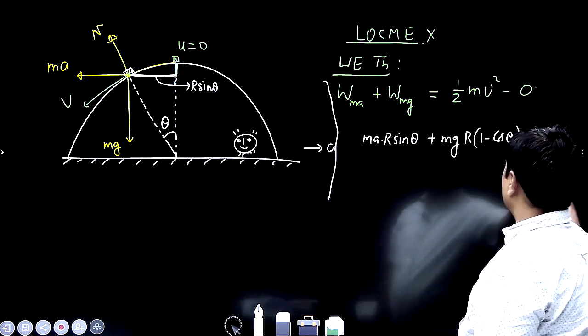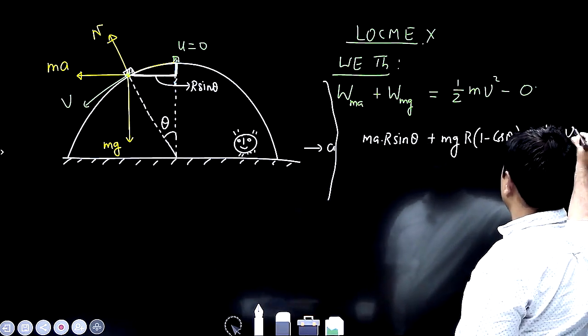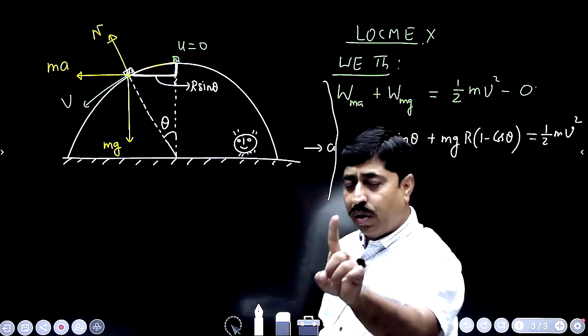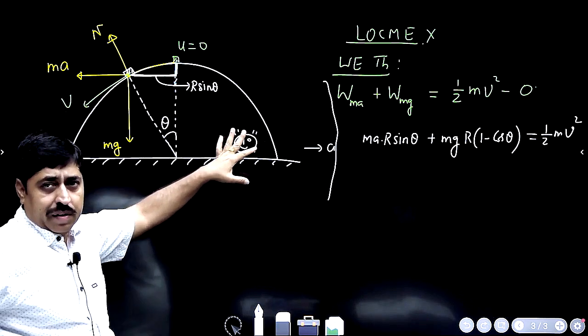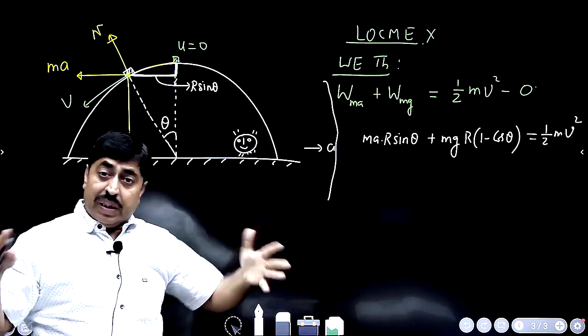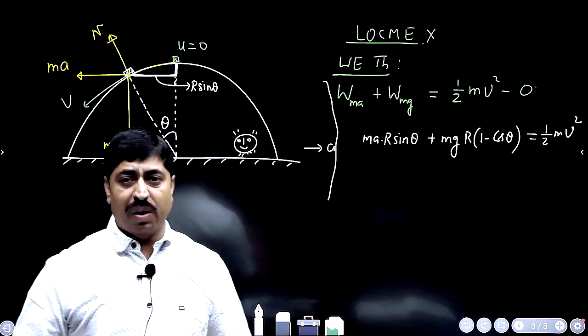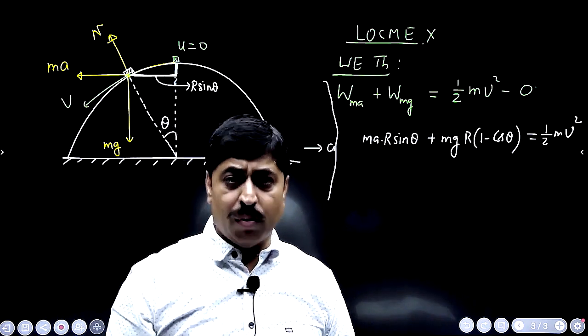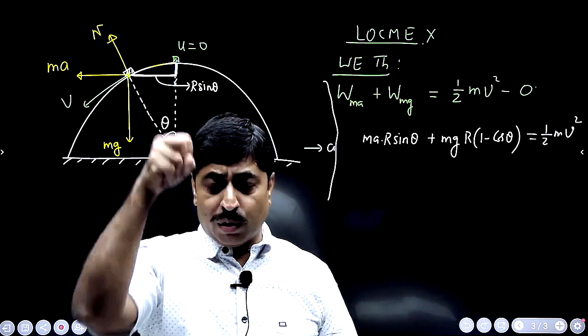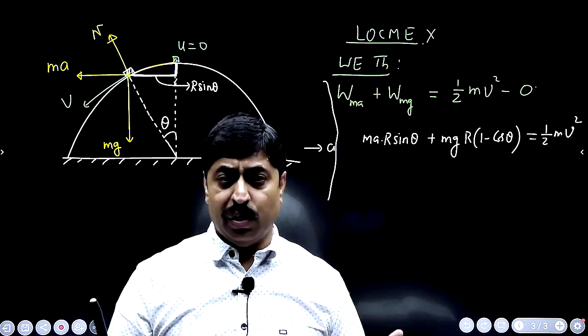Students, in the reference frame of this hemisphere, pseudo force is a force. You have to take it as force. So, work done by pseudo force must also be included while you are writing work energy theorem.